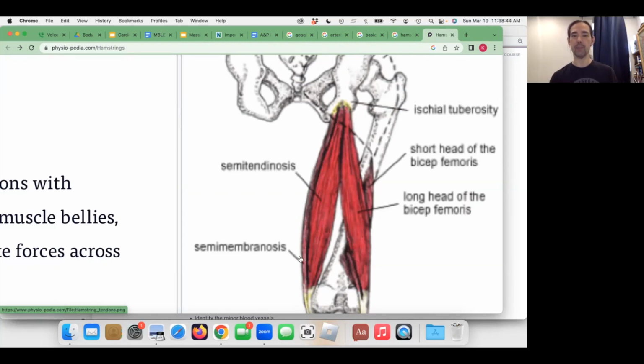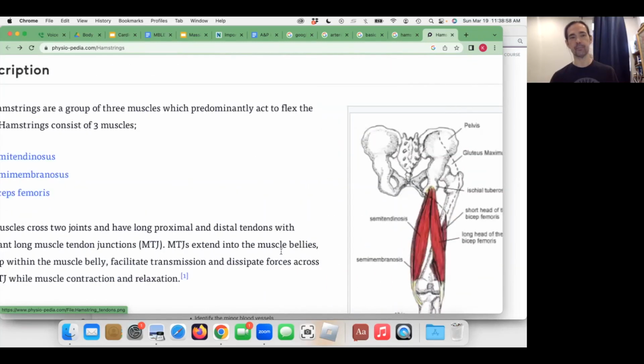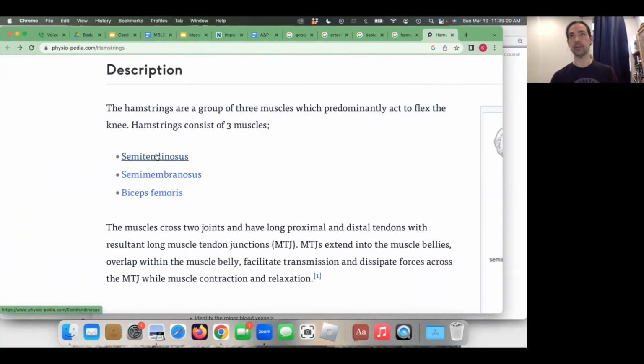Semitendinosus, semimembranosus. I don't know why they named them that way. Someone thought that this strongly resembled tendinous fibers. Maybe there are more tendinous fibers in one. Someone thought that the membranosus resembled a membrane. Muscles are often named after their shape, how they move, their size, like magnus, minimus, longus, brevis.